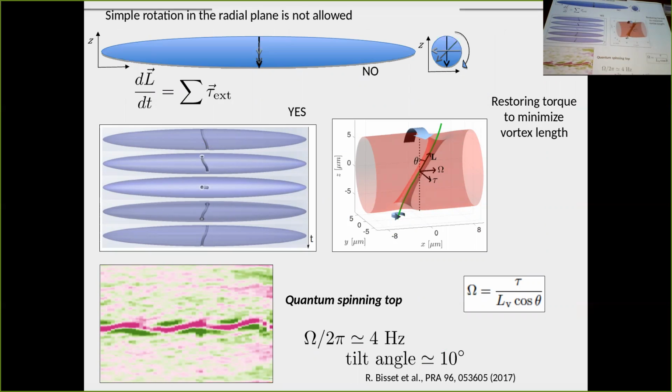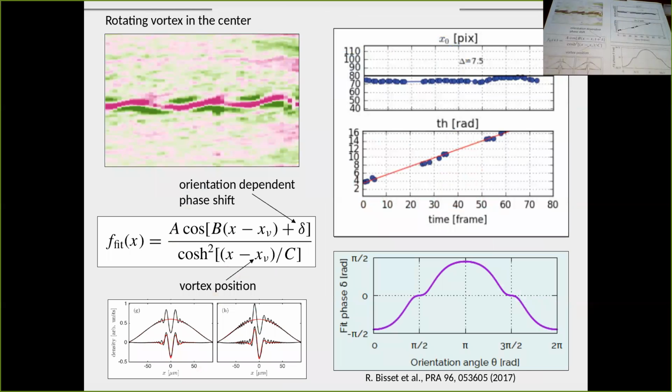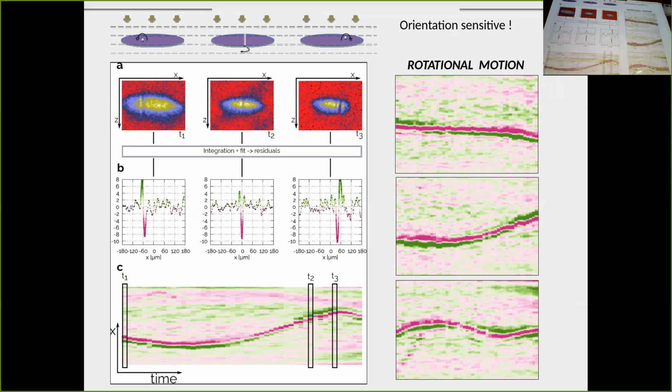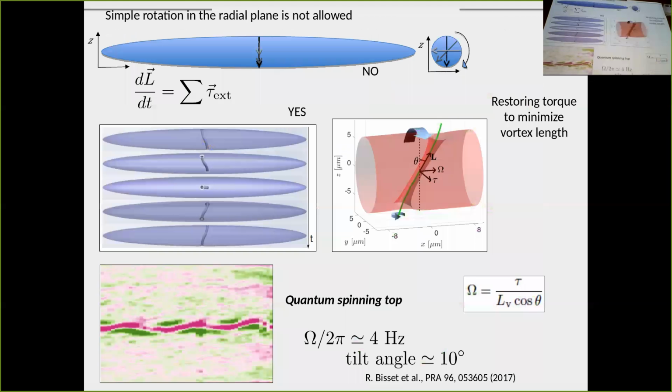So you may wonder, how is it possible that the vortex does this kind of precession, because I told you that the potential is highly symmetric along the axial direction. So if the vortex lies within a radial plane, there would be no need for the vortex to precess in the radial plane.